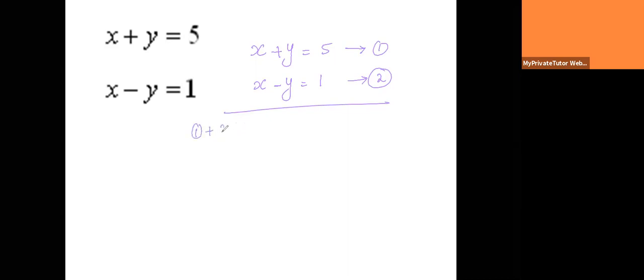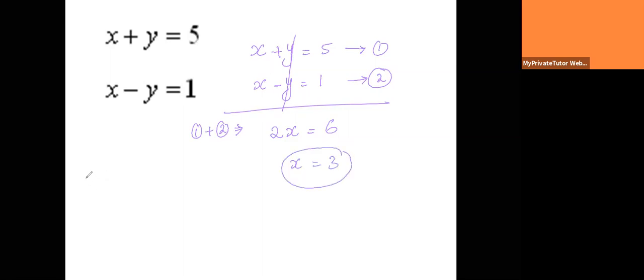If we add it, yes, exactly, Sultan, very good. So we will get x plus x equals 2x, and 5 plus 1 is 6. So x equals, very good, x equals 3. So we got the x value.